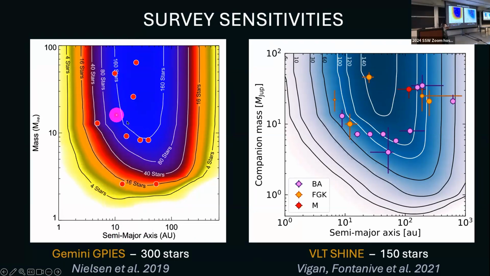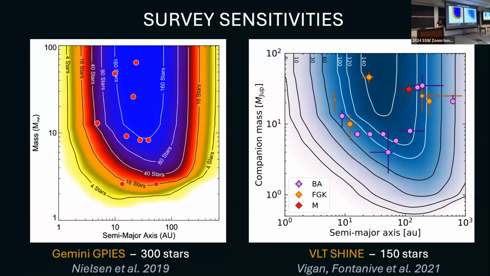And our best completeness, which you can see up there, is roughly for high mass giant planets or brown dwarfs on orbital separations of a few tens to maybe 100 astronomical units. And then for planets outside of that range, we could only detect them around a fraction of the sample.